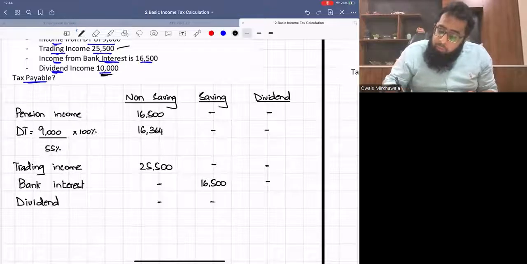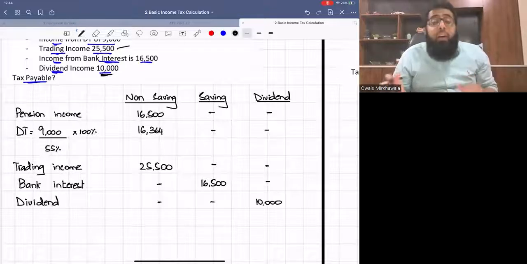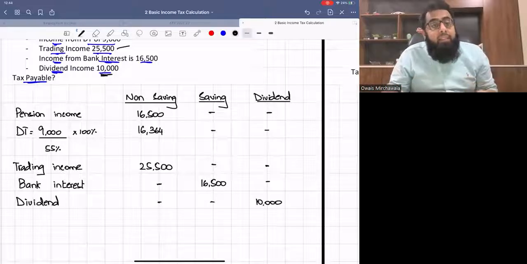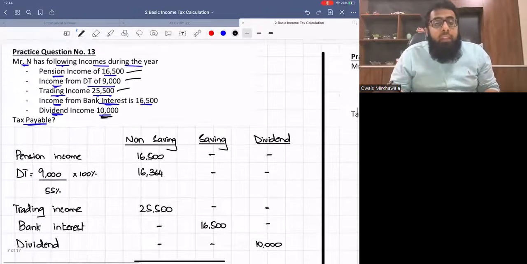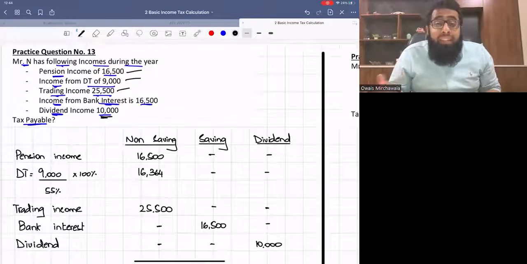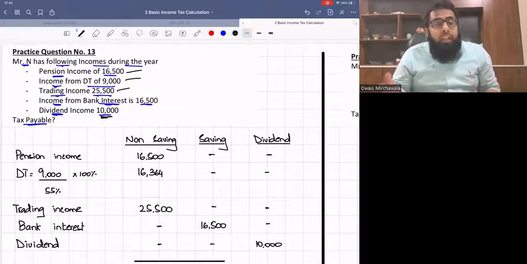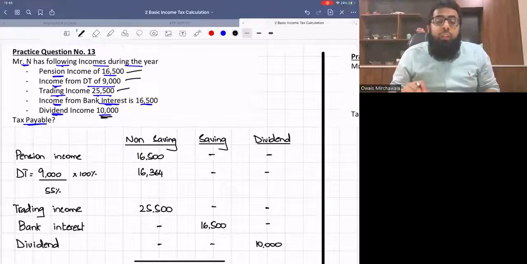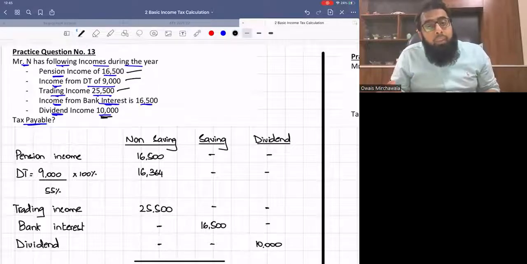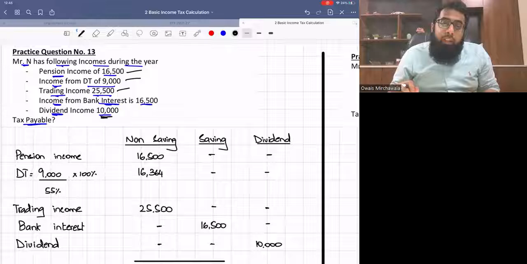First of all, what we have to do is classify all the incomes in the right heads. Pension income is non-saving. Discretionary trust is non-saving; we grossed it up and put it in the non-saving head. Then trading income goes in non-saving. Bank interest goes in saving and dividend goes in the head of dividend.